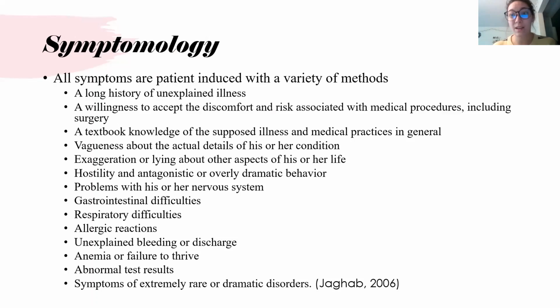Those are a long history of unexplained illness, a willingness to accept discomfort and crazy medical procedures like surgery, a textbook knowledge of the supposed illness and practices in general, which we saw in the video, vagueness about actual disorders or her condition, exaggeration or lying about other aspects of her life or his life, hostility or dramatic behavior, stomach issues, respiratory issues, allergic reactions, unexplained bleeding or discharge, anemia or failure to thrive, which would also be like malnutrition, like they're just not eating, they're not taking care of themselves on purpose, abnormal test results, or symptoms of extremely rare or dramatic disorders.